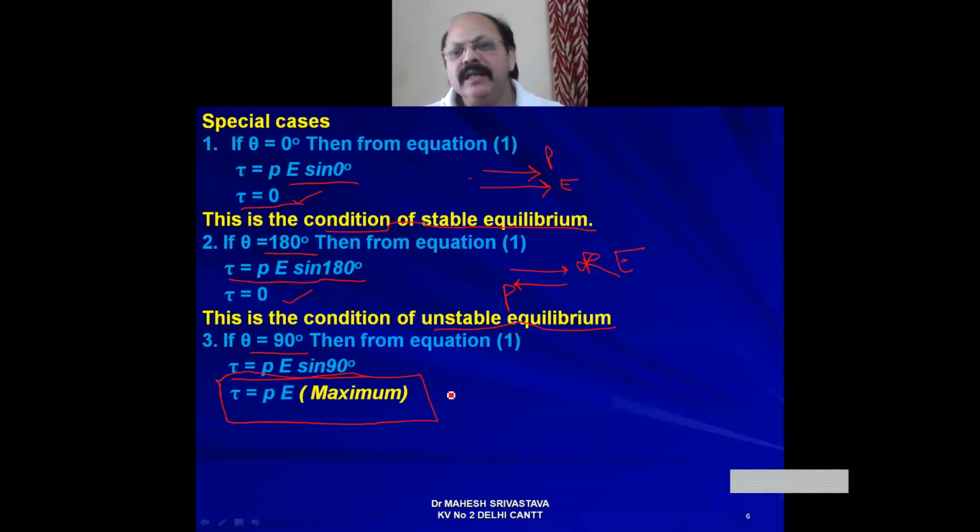So these are the three conditions or special cases. From these conditions, in CBSE 1 mark they ask questions, like write the condition for stable equilibrium or unstable equilibrium, or in what condition the torque will be maximum.